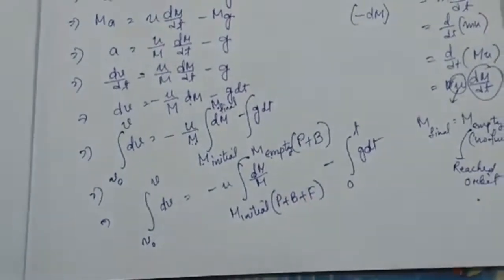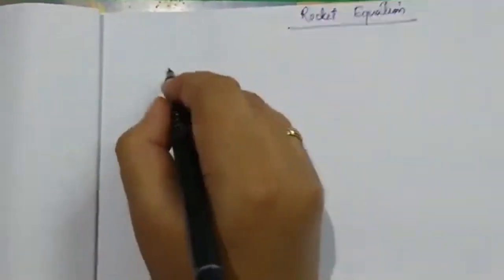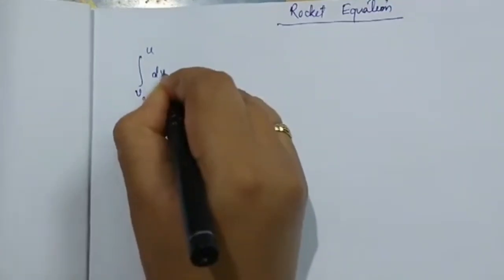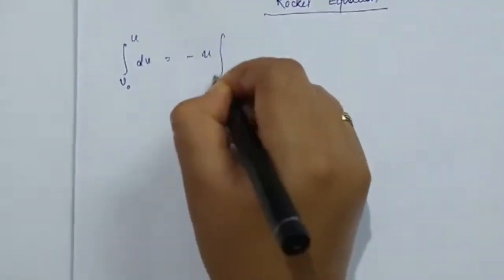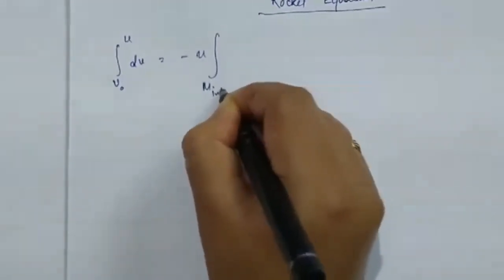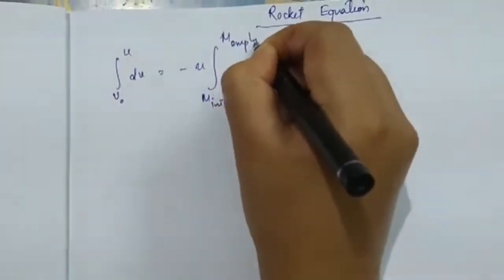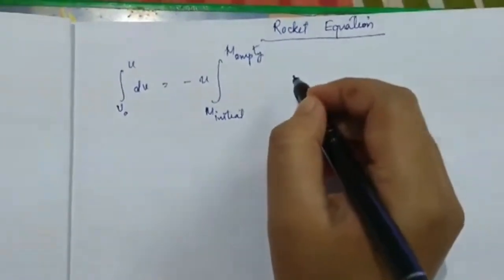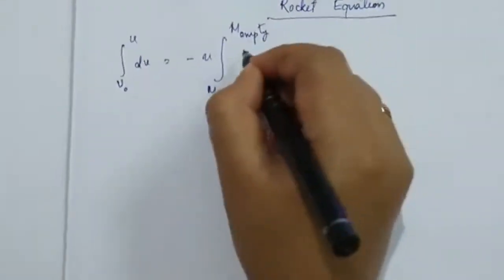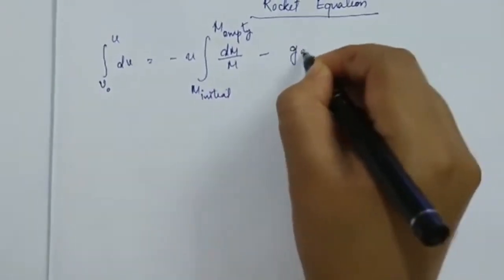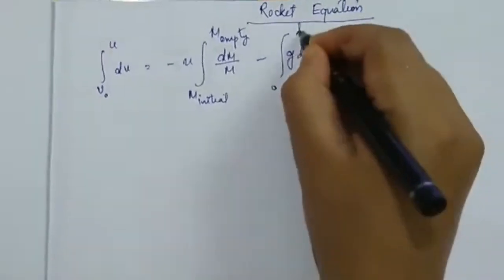So continuing from the last, it is v naught to v dv equals minus u, m initial to m empty. I already discussed, you can write m empty or m final, it's up to you. dm by m minus g dt, 0 to t.